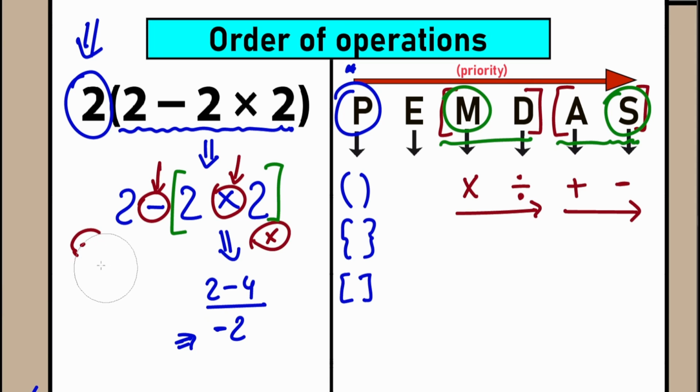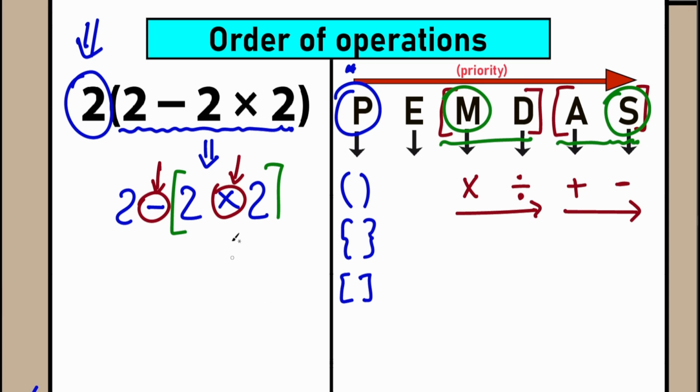This is a very wrong approach, because in 99% of cases, I don't know exactly about all orders of operation in the world, maybe there are countries which use another order of operation, but in 99% of cases multiplication has the higher priority than subtraction. So we need to multiply first. So let me just erase all of this stuff right here, and of course we can easily say that multiplication first. So as a result we have 2 times 2 equal to 4.